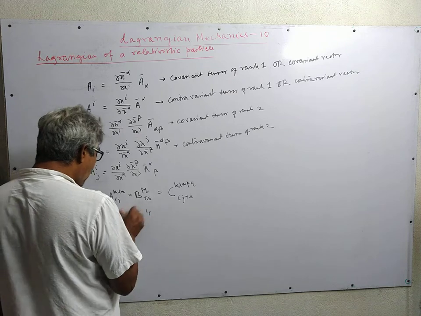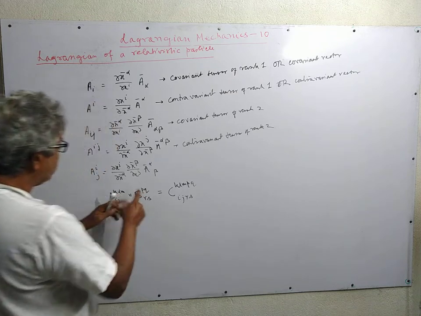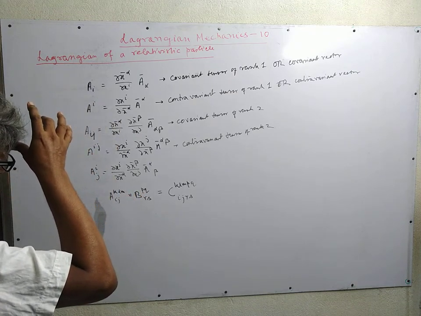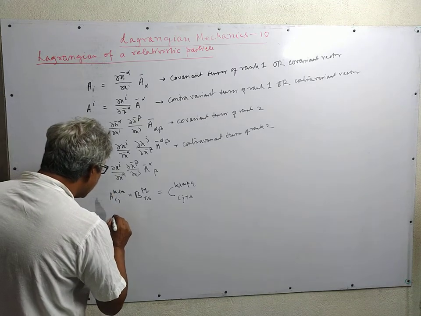But what happens if some of the covariant rank matches with the contravariant rank of the other?